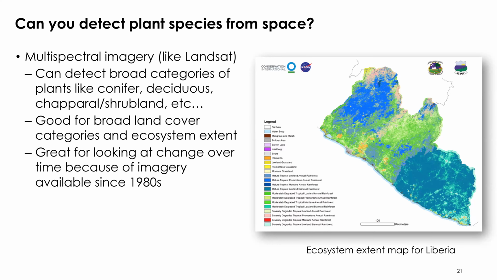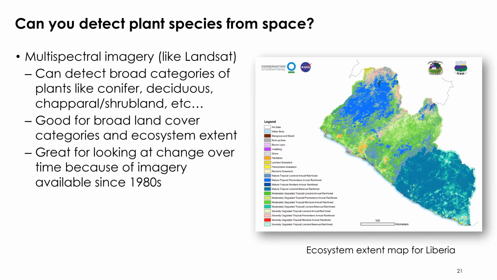Because Landsat has a spatial resolution of 30 meters, and 30 meters, if you think about it, is about the size of a baseball diamond. So it's quite large. Basically everything in that pixel is going to get averaged. And plus it's multispectral, not hyperspectral.